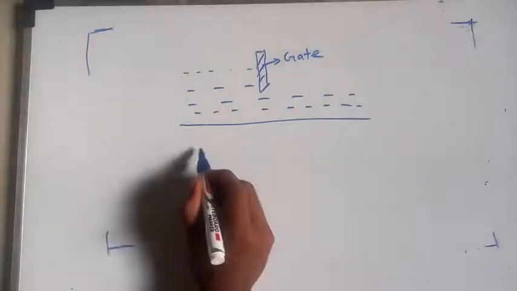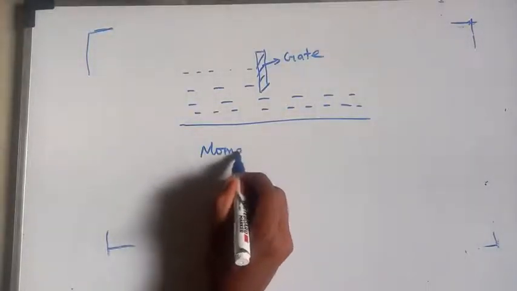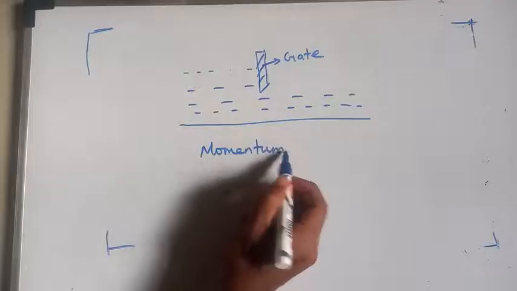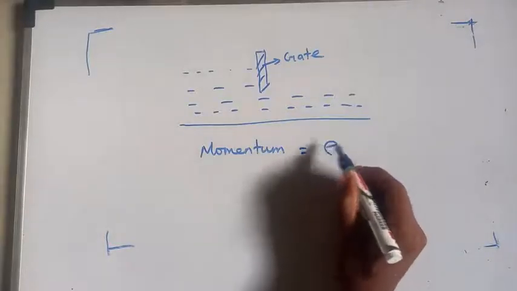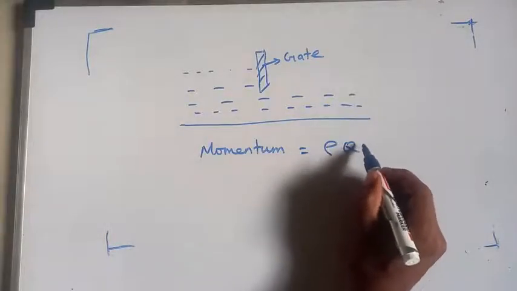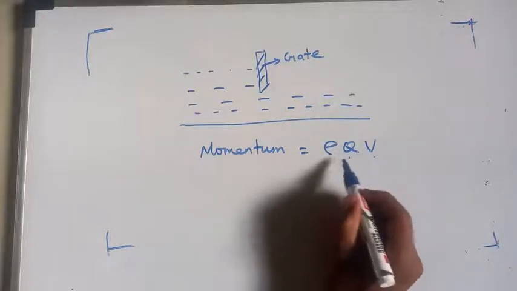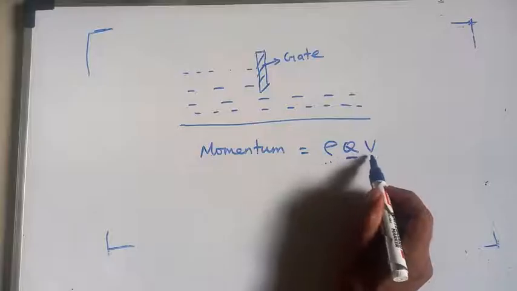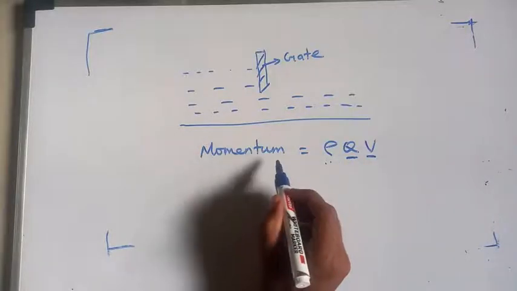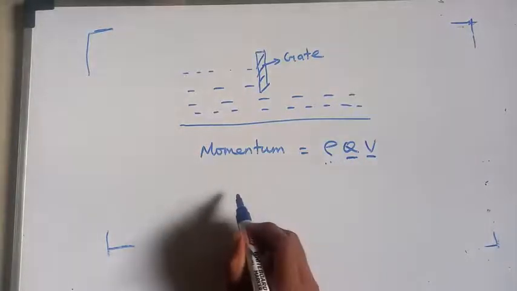First, what is momentum? Momentum is nothing but rho Q v. Rho is density, Q means discharge, v means velocity. This is called momentum.